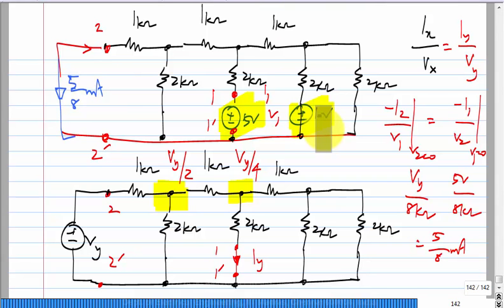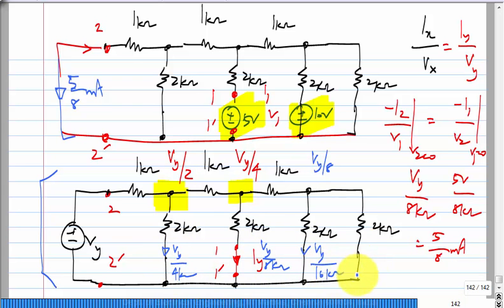If you have multiple sources, the analysis of the second circuit from a single source gives you all of these, right? These voltages were Vy by 2, Vy by 4 and Vy by 8. So, these currents were Vy by 4 kilo ohms, Vy by 8 kilo ohms and Vy by 16 kilo ohms.